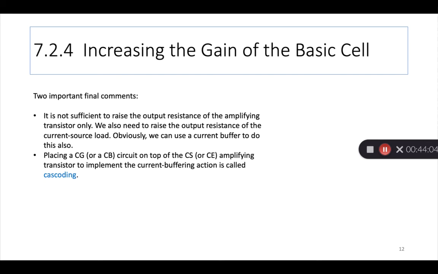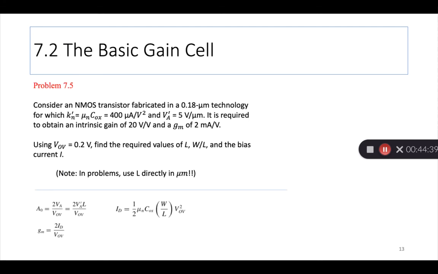So we have to start messing with current sources, either a single PMOS current source or a current mirror which consists of two. In addition, we need something called a current buffer, whose only reason for being there is to increase the resistance so that the overall gain is high enough to be used for actual practical applications. So that was a summary.